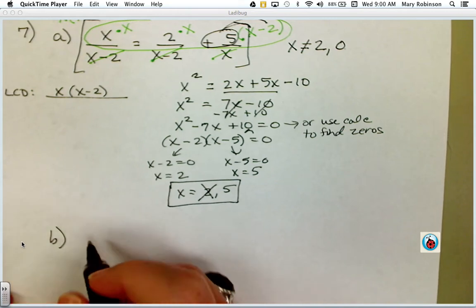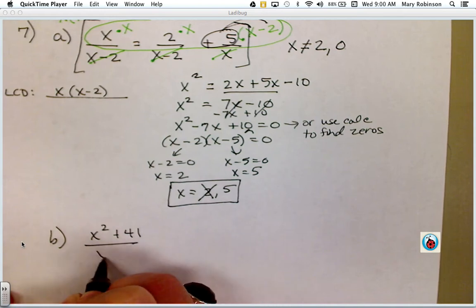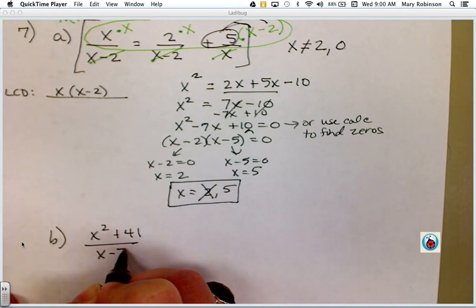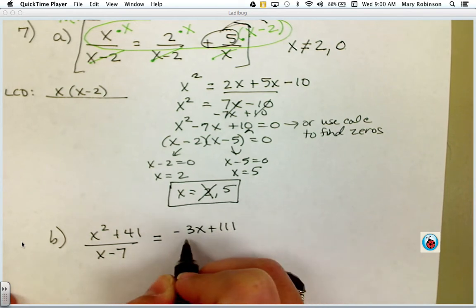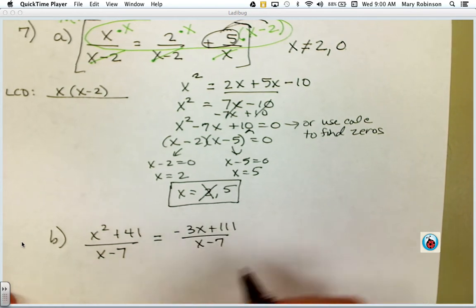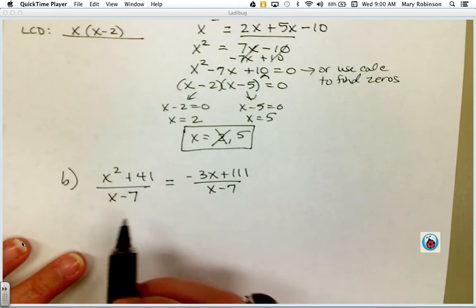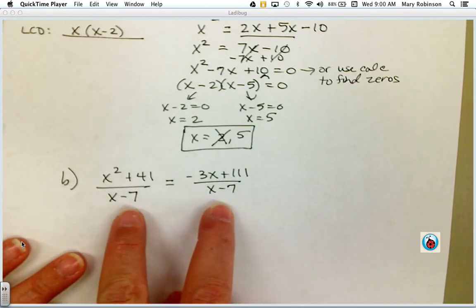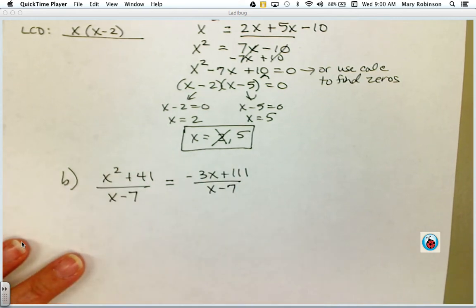And lastly, for 7b, this time we're solving a quadratic equation that has like denominators. So once you have like denominators, you should recognize that if two fractions are equivalent and their bottoms are the same, then that means their tops have to be the same or they would not be equal.